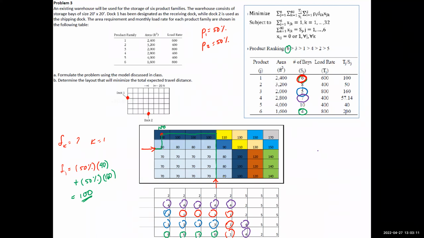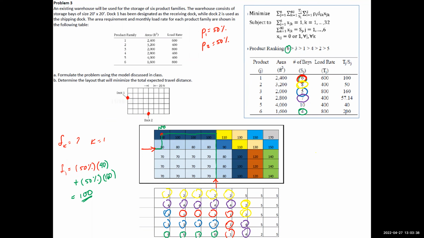Then product 2 requires 8. So we use the rest of the hundreds. So here's 1, 2, 3, 4, 5, 6. I still need 1 more. So I'm going to use one of the 110. And then the last one is 5. So we use the rest of them.